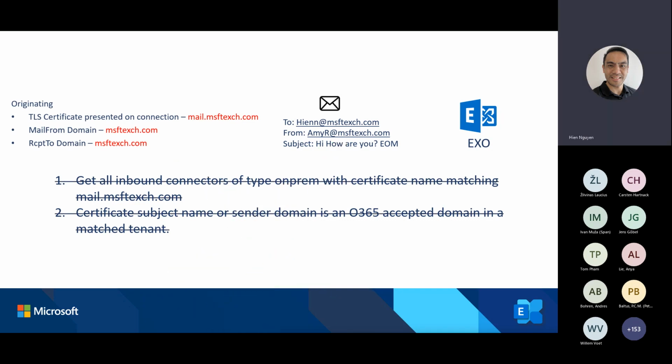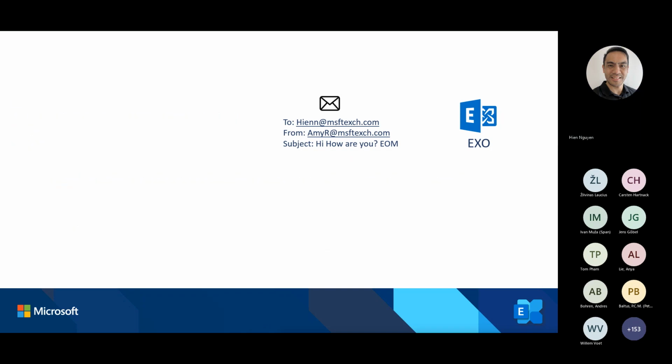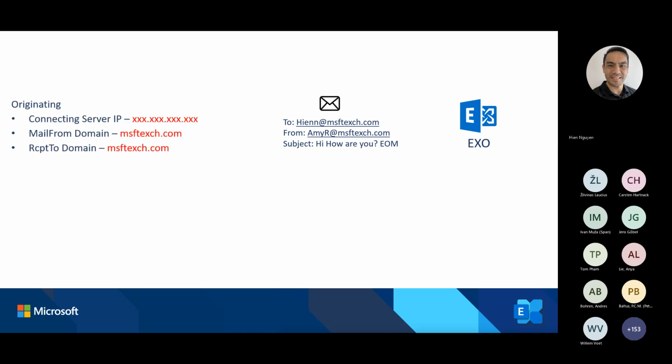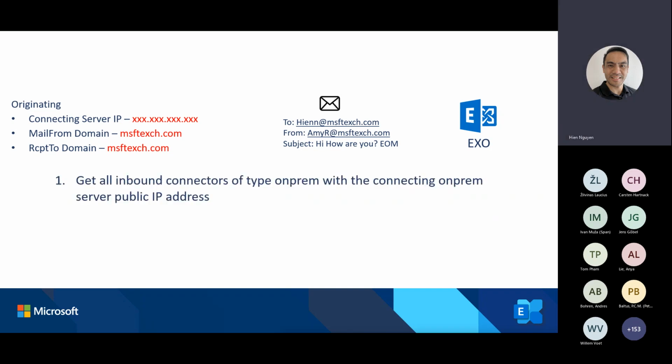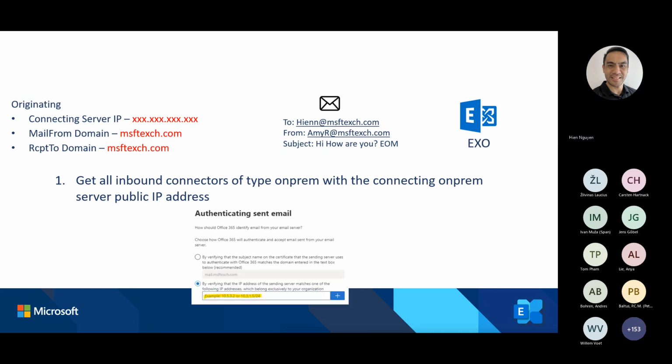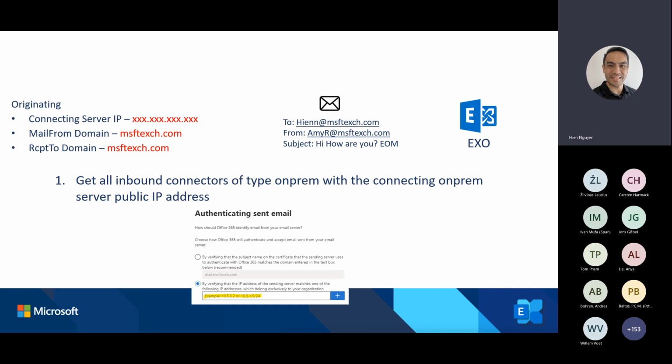But what happens if we didn't use a certificate? We check the connecting server IP, as that's one of the options. So we look for all inbound connectors of type on-prem with the connecting on-prem server public IP address. That's where it is in the GUI.